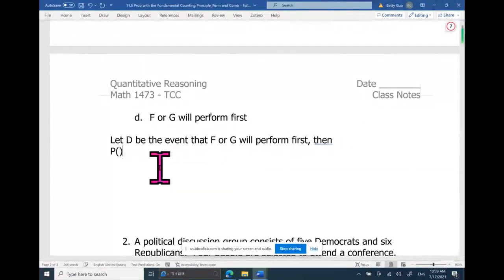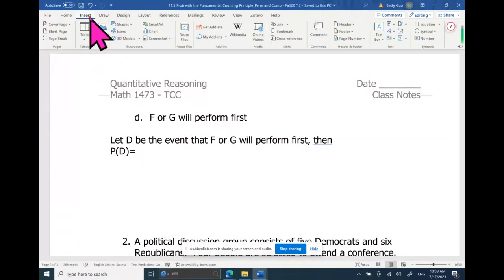Then P of D equals what? Let me type the result first.